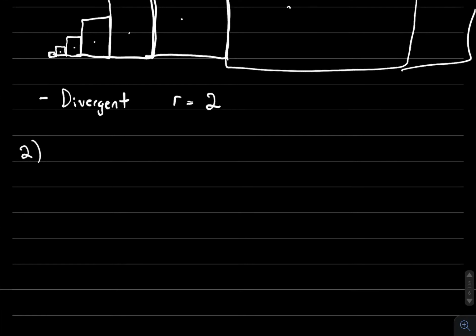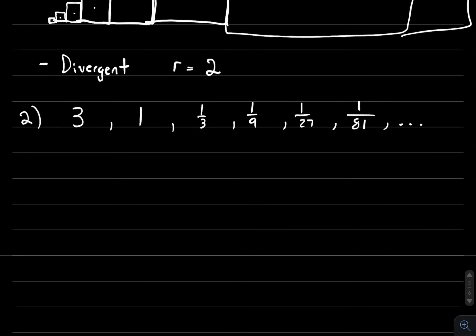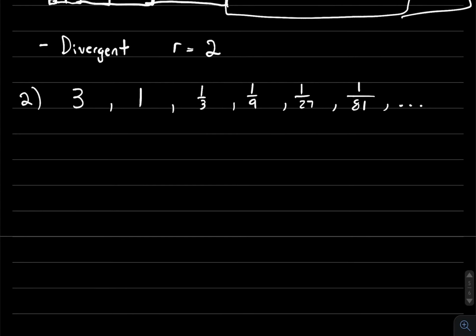Say that we had a series that looks like this: 3, 1, 1 over 3, 1 over 9, 1 over 27, 1 over 81, and so on. Let's try and represent this with the blocks, the squares again. We're starting off with our 3, which is the biggest block here.